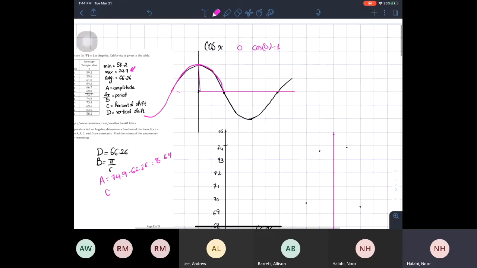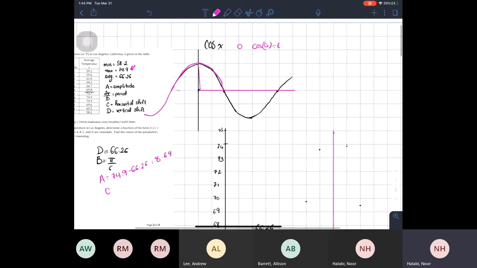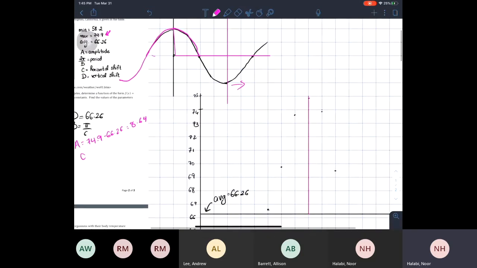So instead of starting here, I basically have a new y-axis that starts around here and then goes forward. I just need to know how much the graph shifted for this to happen.